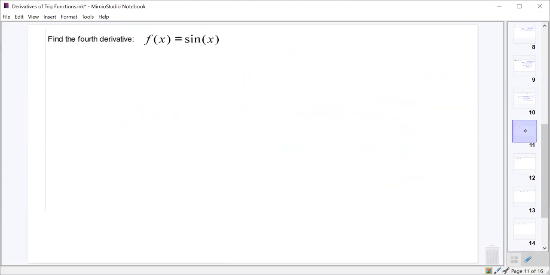All right, this is the last one we're going to do today. Let's find the fourth derivative. So we'll do the first four derivatives of sine of x. So what's the derivative of sine? Cosine x. Okay. And what's the derivative of that?